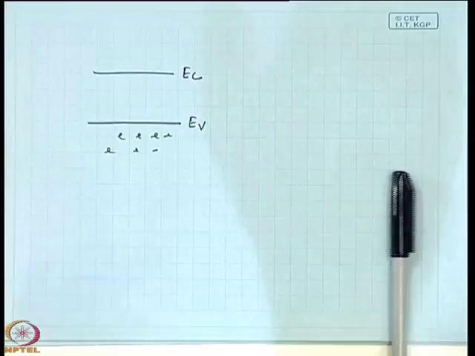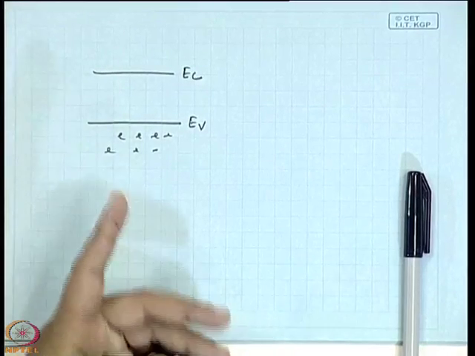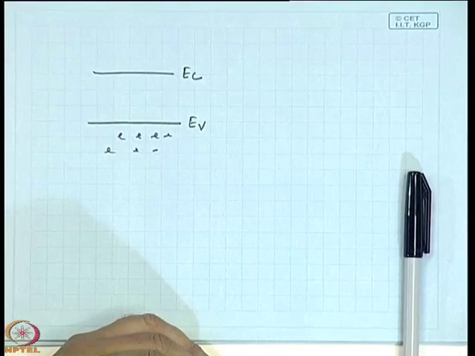Now, during quantum mechanical treatment, if your movement is restricted, if your movement is confined, then the density of states changes. For bulk material, what is the nature of the density of states?